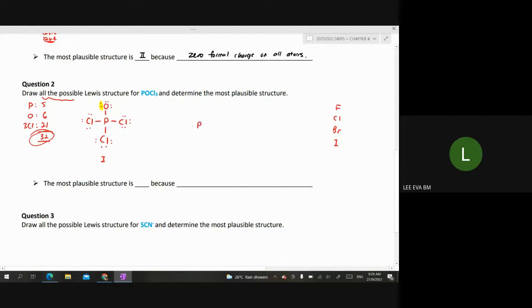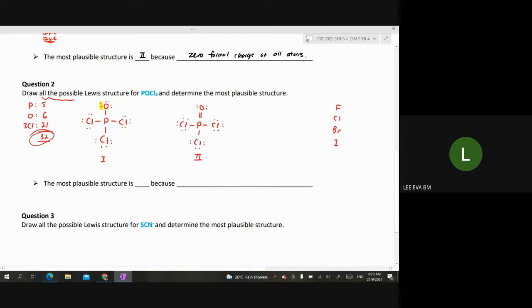So the second structure is also the same. We have 3 chlorine, and every chlorine is octet. Then we borrow one of the lone pairs from oxygen to make a double bond. So now oxygen is left with 2 lone pairs. This is your second structure.